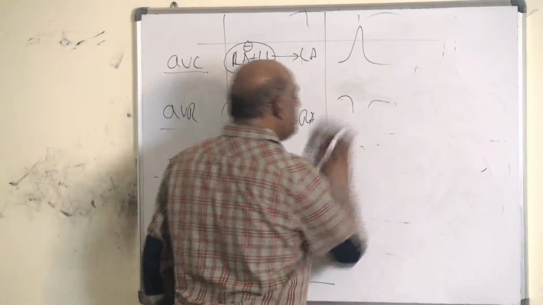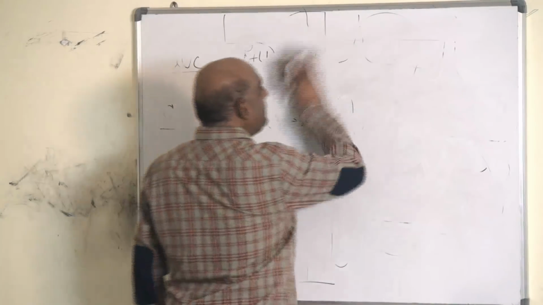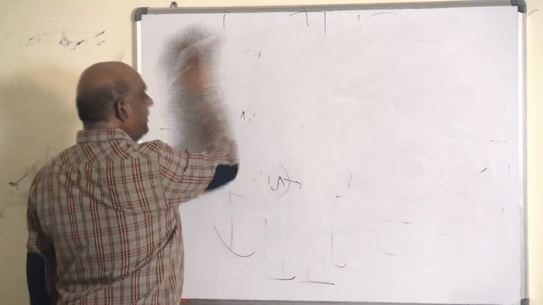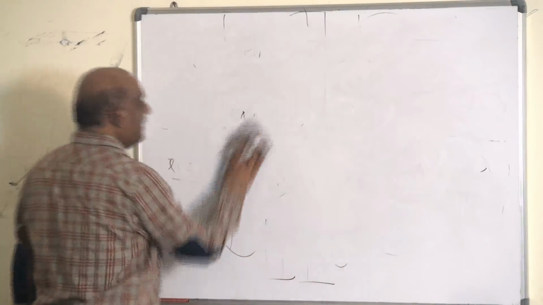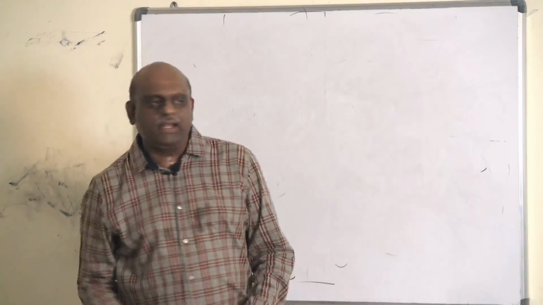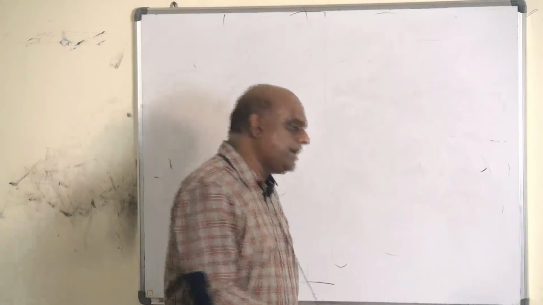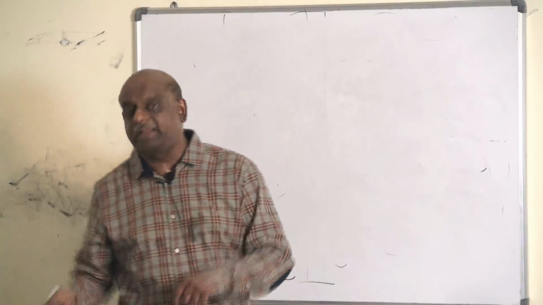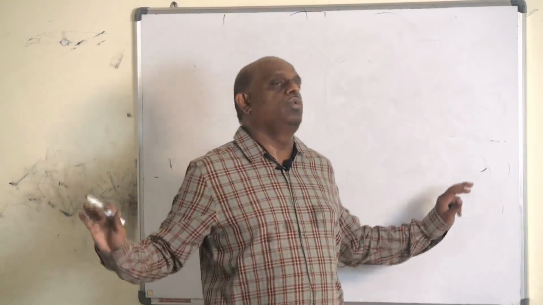So if someone comes to you and you want to see how is his axis, do you need to look at his AVL, AVR, AVF, lead 1, lead 2, lead 3? Do you need to see all of them? No, not required.